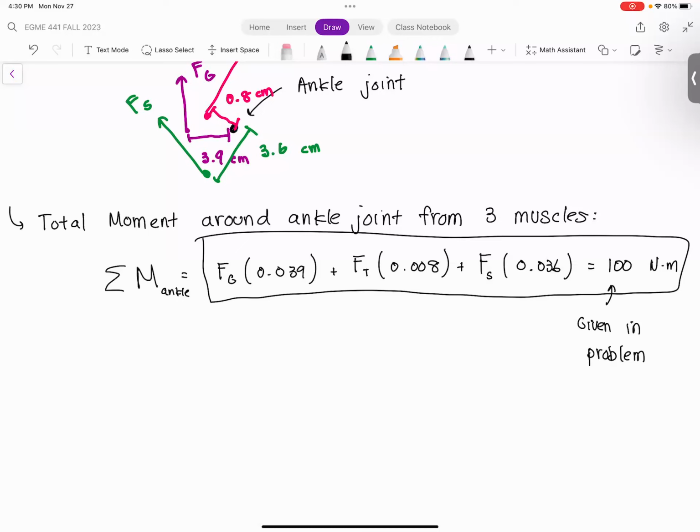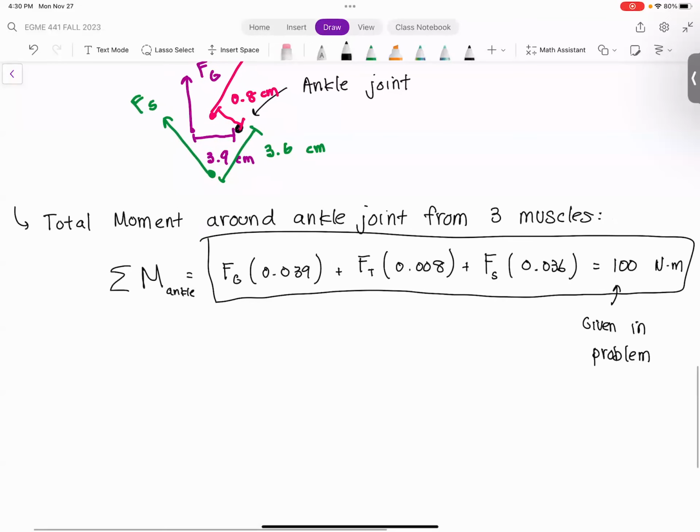All right. So that was a long setup of the problem. Okay. So what are we looking for here? What we're looking for is we want to solve for all three of these muscle forces. So we want to solve for FG, FT, and FS. Okay.